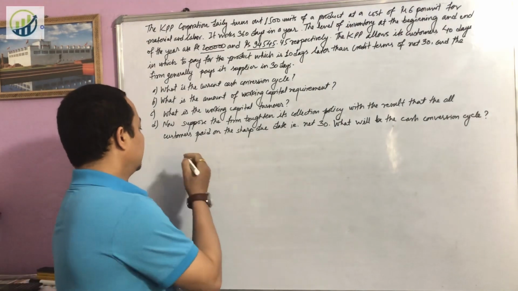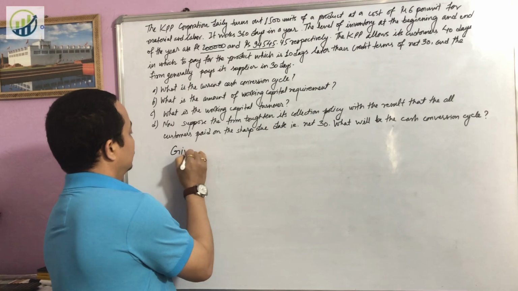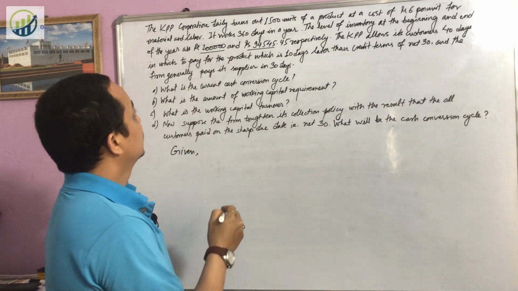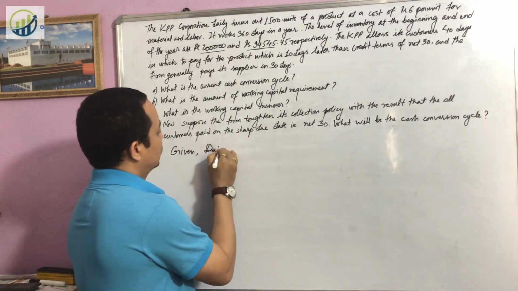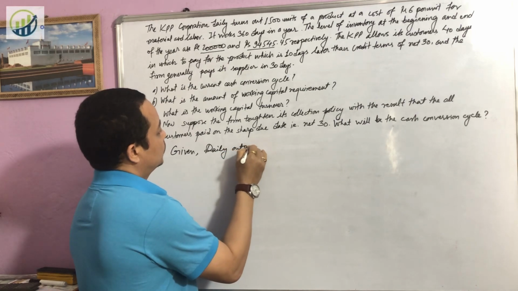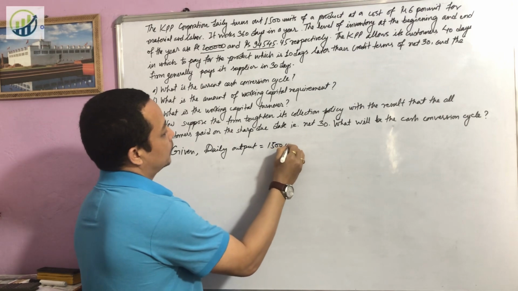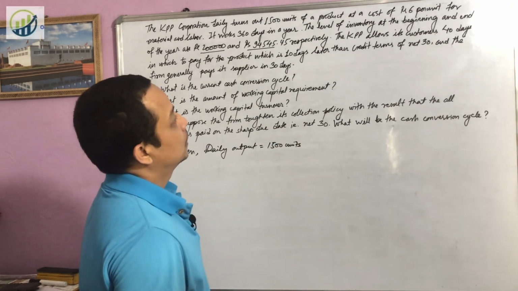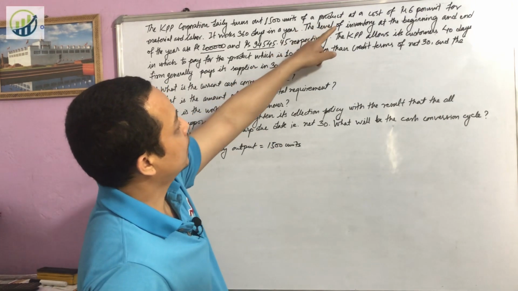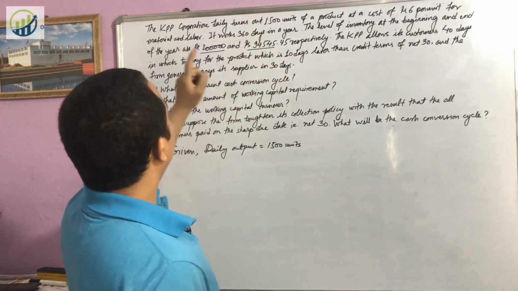Okay, let's first write given. Here daily output is 1500 units, and here of a product at a cost of rupees 6 per unit for material and labor.